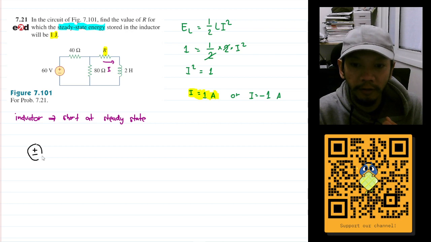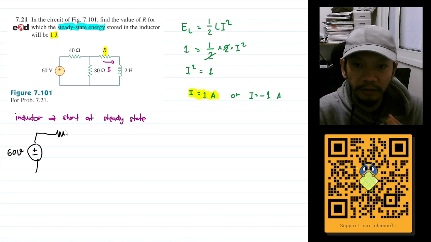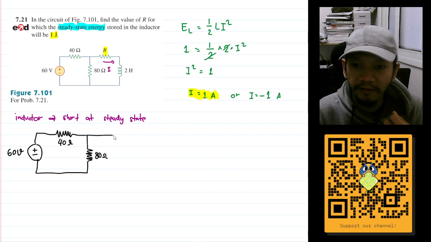So we will have this 60 volt here, and then we will have that 40 ohm, and then we will have that 80 ohm, and we will have this R here.